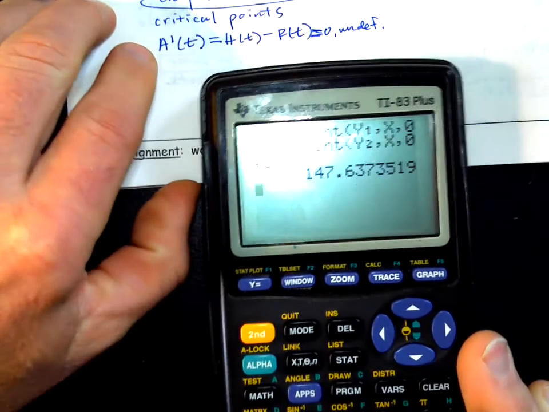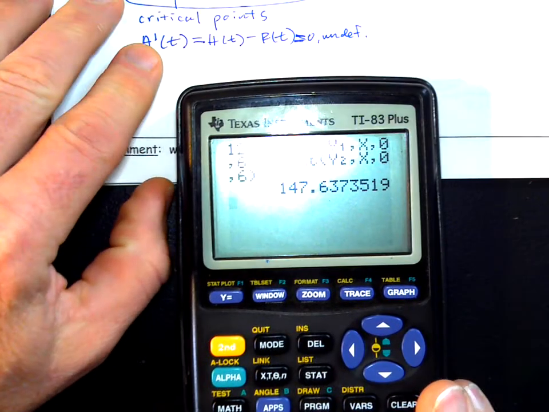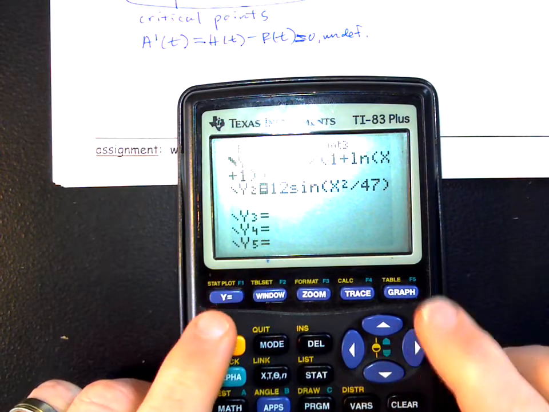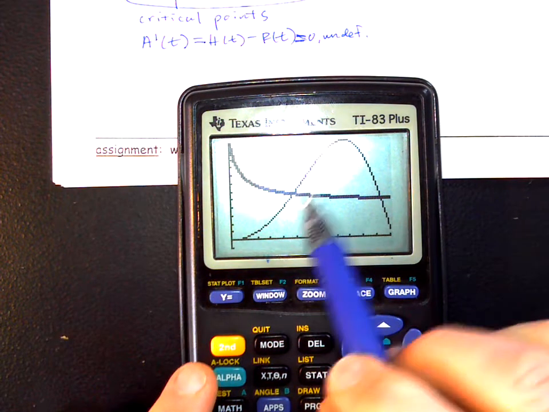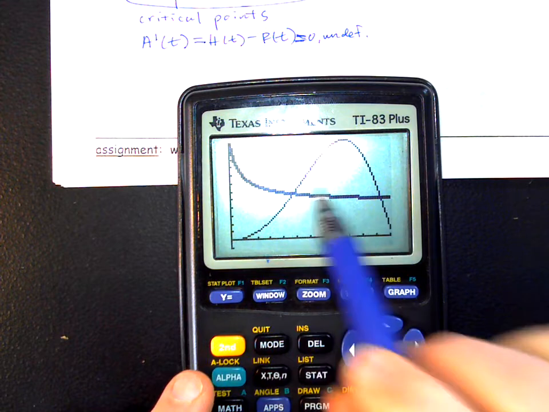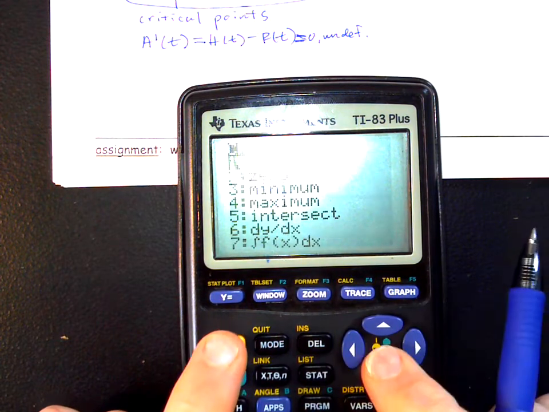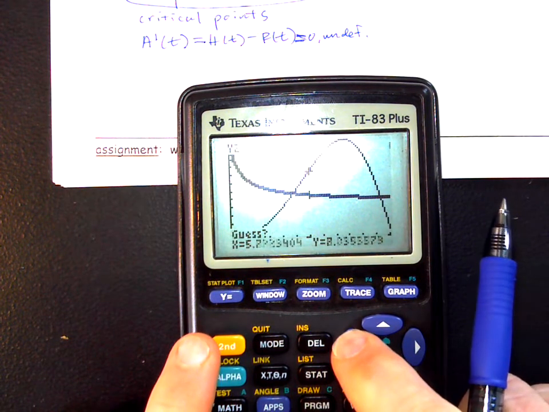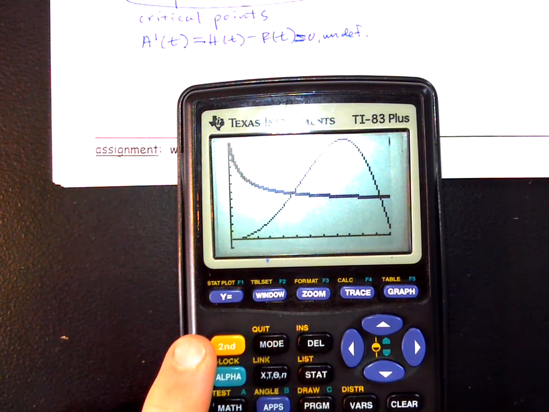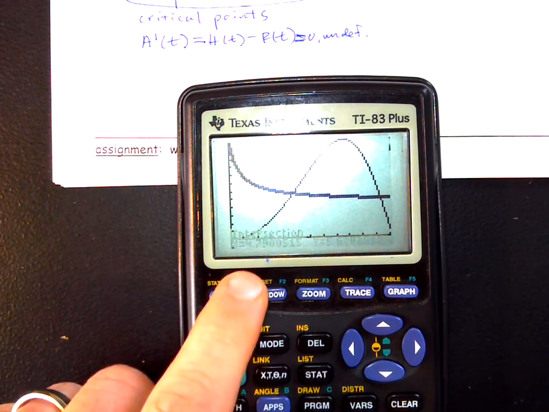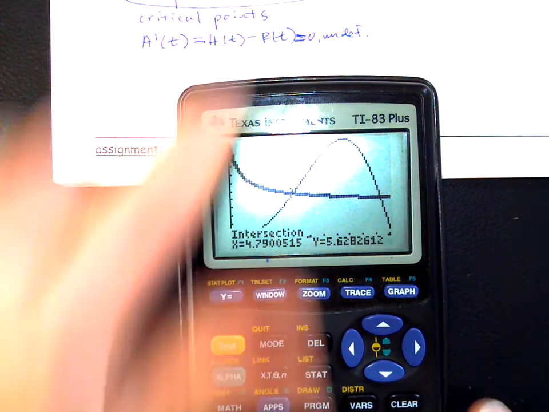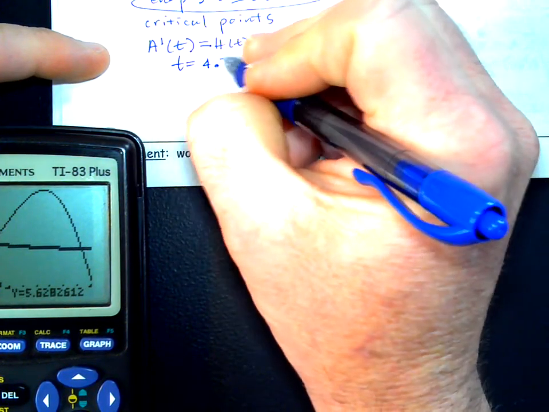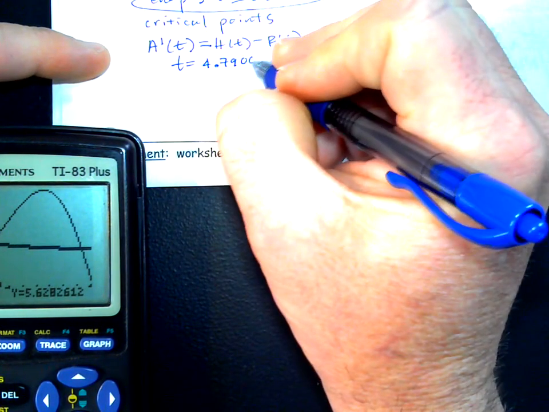Now, the way I'm going to figure this out is you could go to your graph. If you did bother to graph it, it's going to be the intersections of those curves. So you could go to the graph and say, all right, well, you see two of them. You can do second calculate, intersect, first curve, second curve, guess. And so it's just the time value that we want, just the x value. So that would be t equals 4.790051.